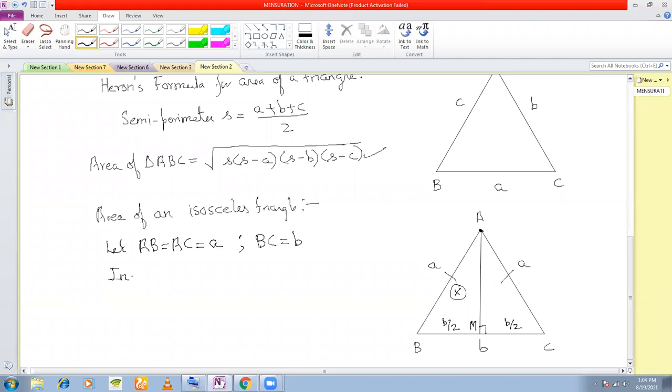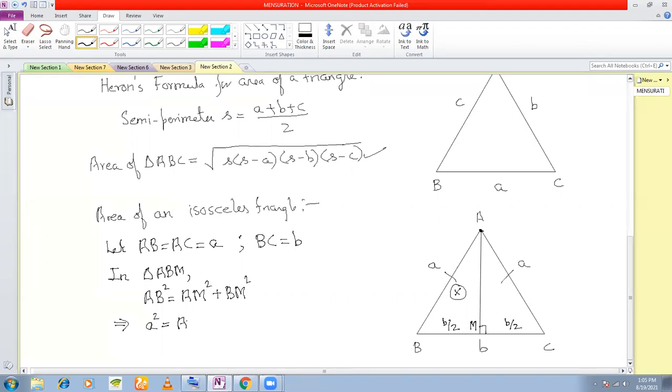So I'll use the Pythagoras theorem in triangle ABM. AB square is equal to AM square plus BM square. Put the values here. What is the length of AB? We know it is A square.